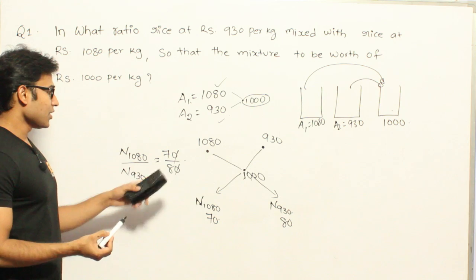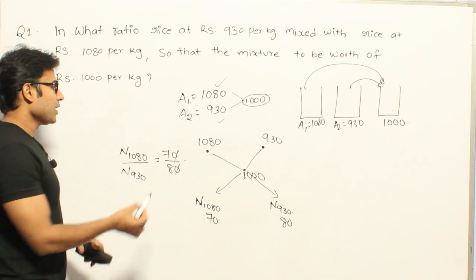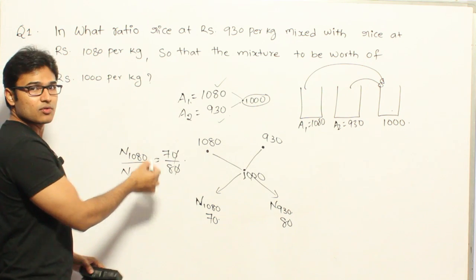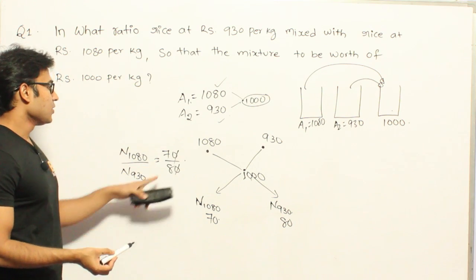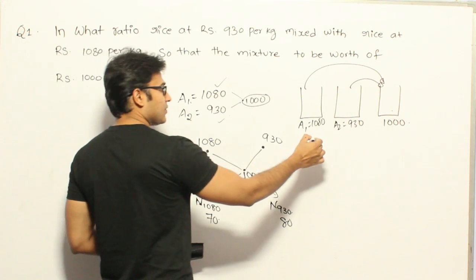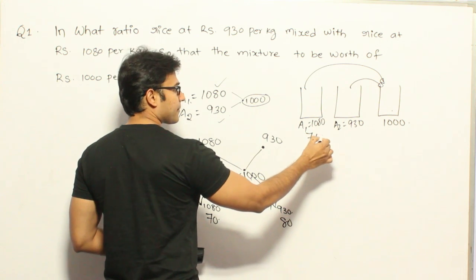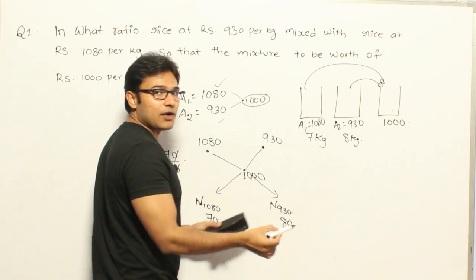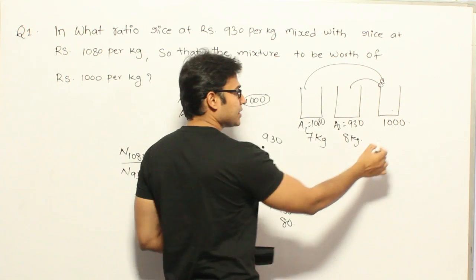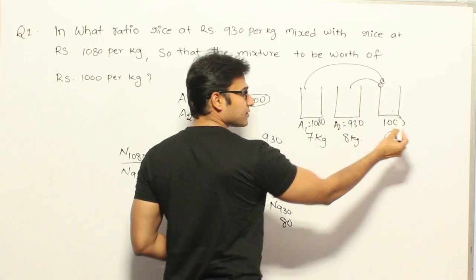Got it? So what does it really mean? You can take this rice in any quantity, in such a way that the ratio is 7:8. For example, you can take 7 kgs from here and 8 kgs from here, and you can mix them up in such a way that the mixture is 15 kgs.